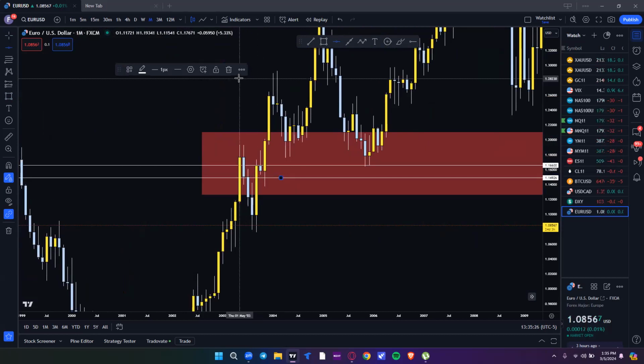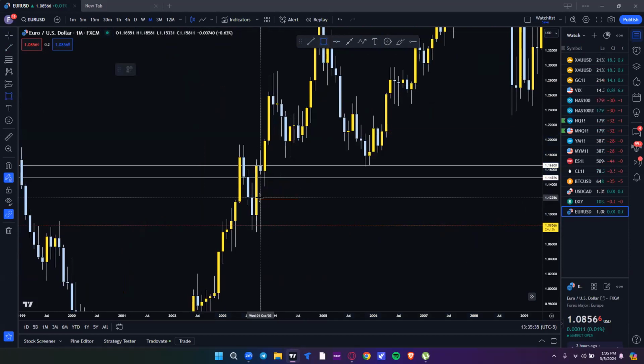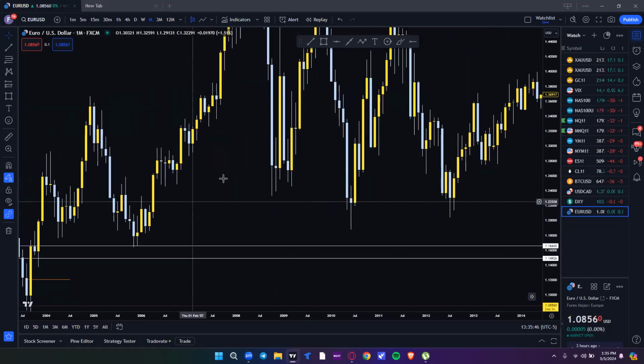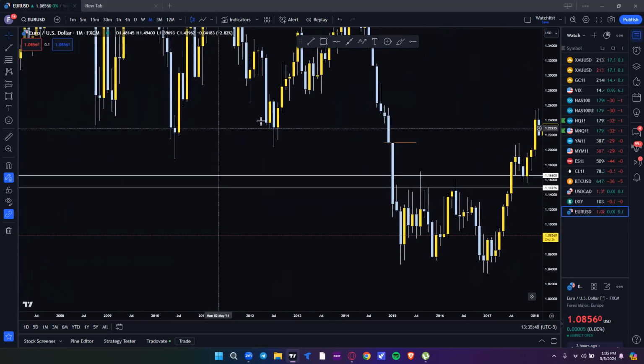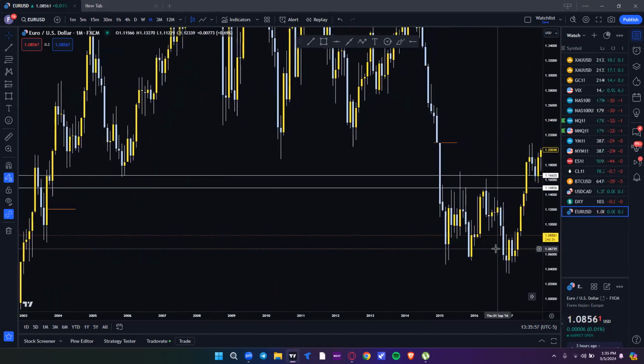This is a decision level, because check this out. This one was a bullish rally decision. Price had to close above this gap level. And then what did it do? It retested this gap level to push price up and swing for several months or years. Price had to make the decision to close below it. Now, when you see the closure below this level and this level, we see the reactions come there.